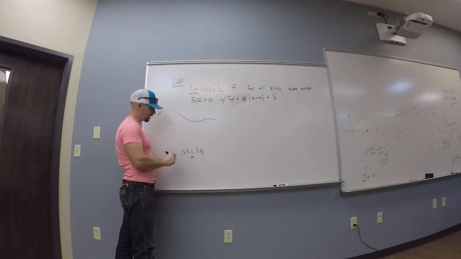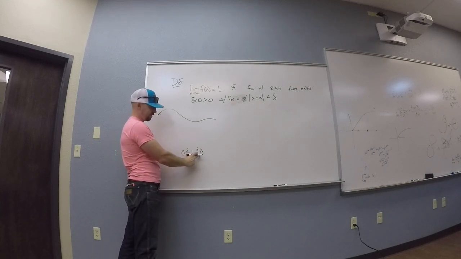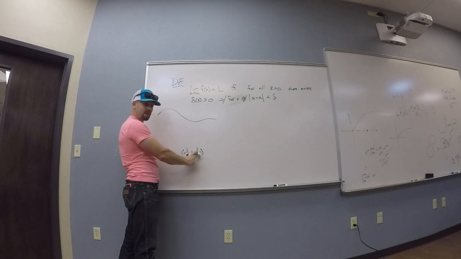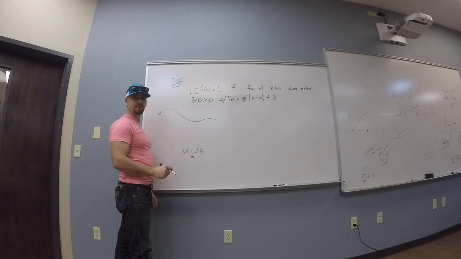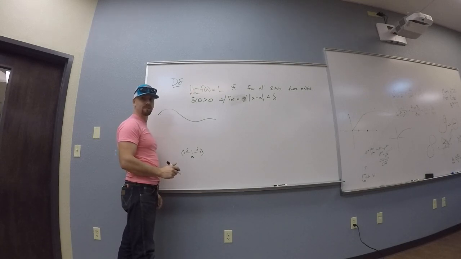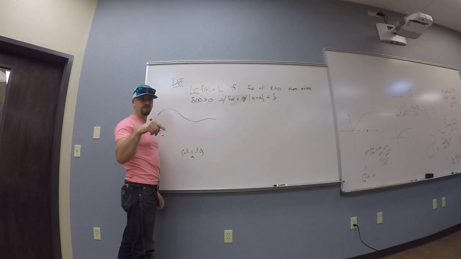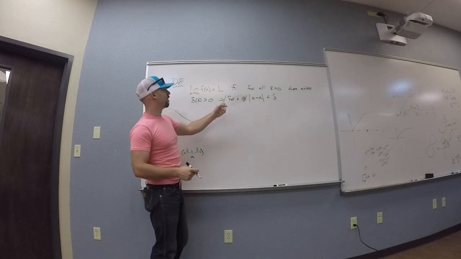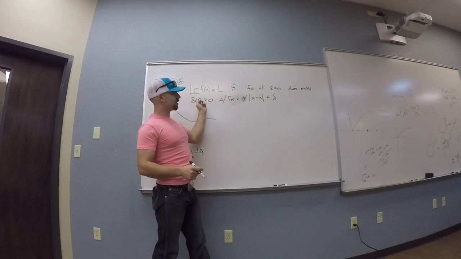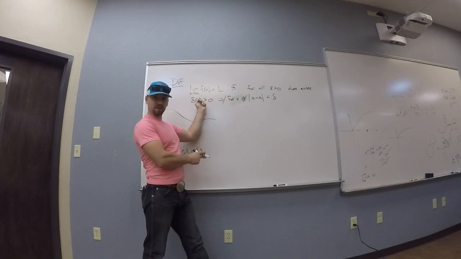If I take that little range of x values and put them through the function, what happens? You get L plus or minus epsilon, maybe within. So there exists this little delta in the domain.